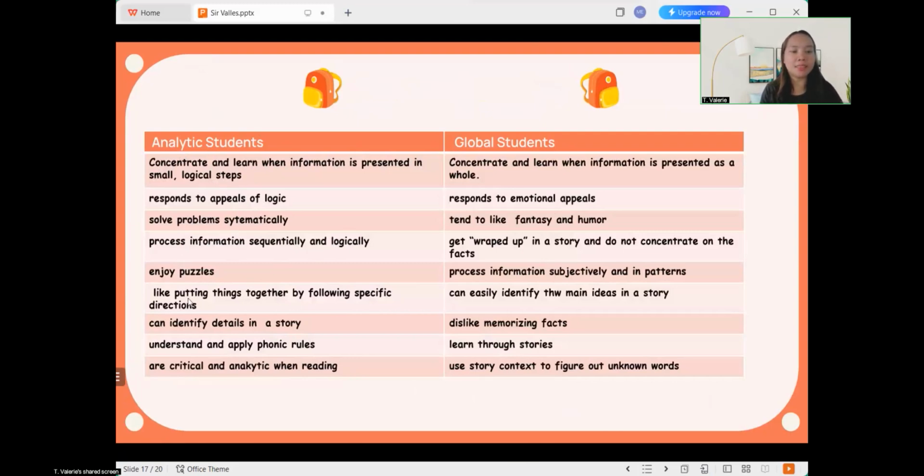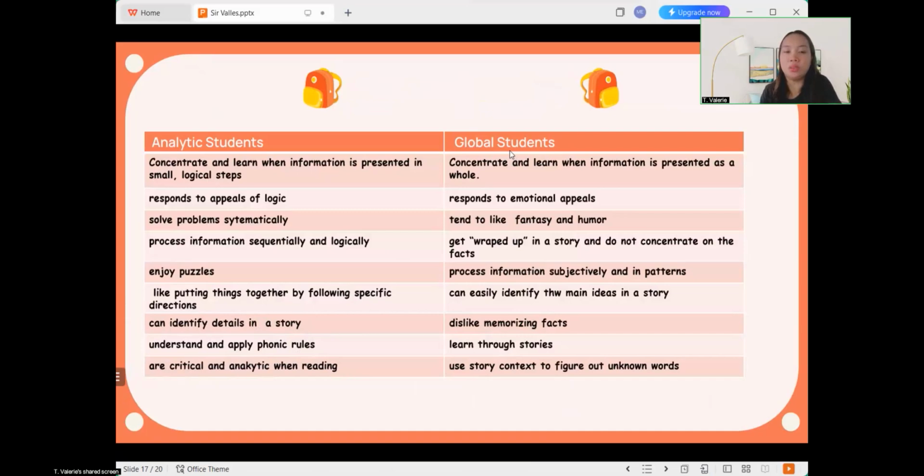They enjoy puzzles, like putting things together by following specific directions, can identify details in a story, understand and apply phonic rules, and are critical and analytic when reading.